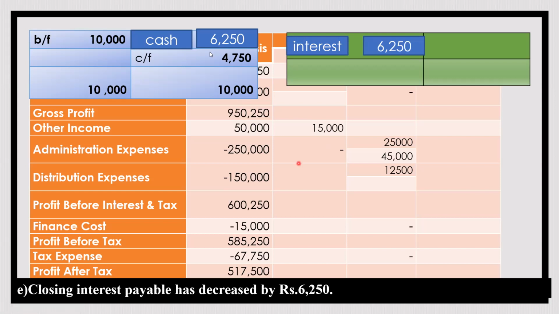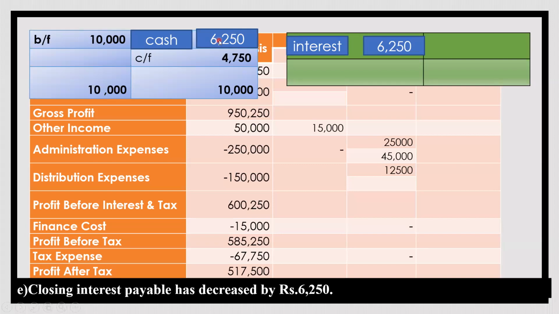Now again, go through this one. Closing interest payable has decreased. Earlier we had 10,000. Now it has been reduced to 4,750, which means the change is 6,250. Now, this is mainly due to a cash payment or cash we have received, right?